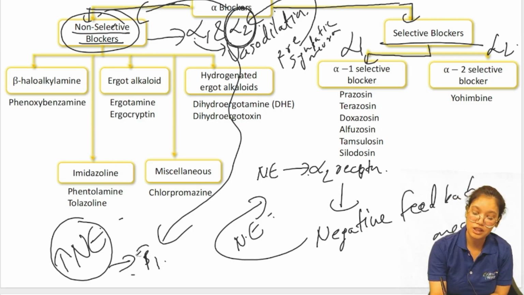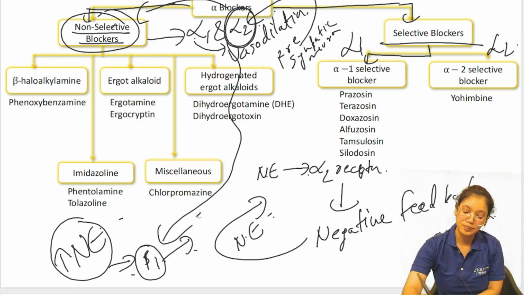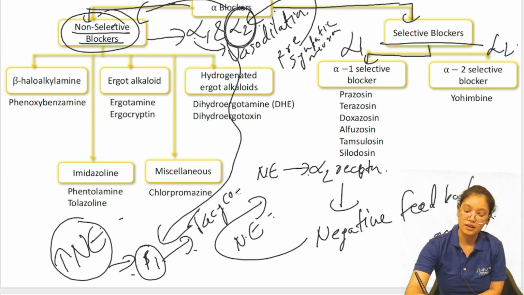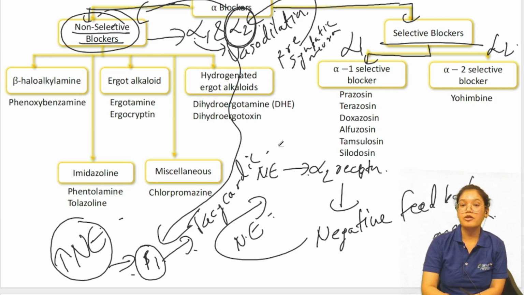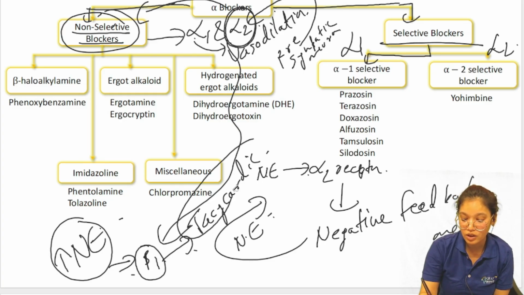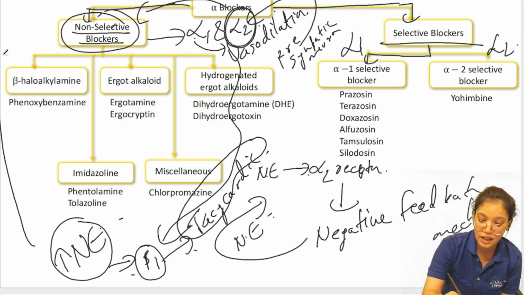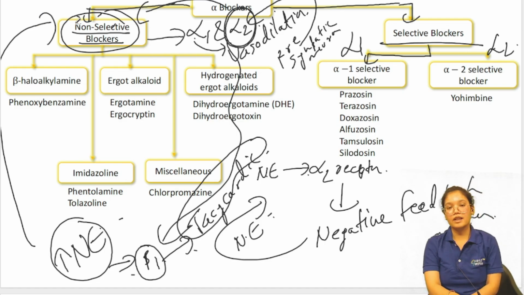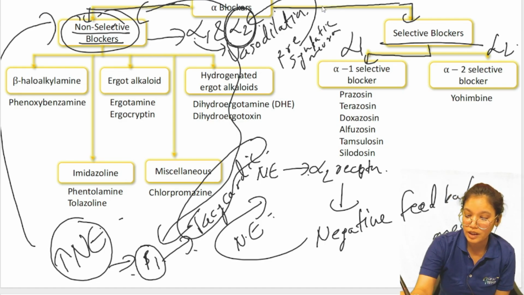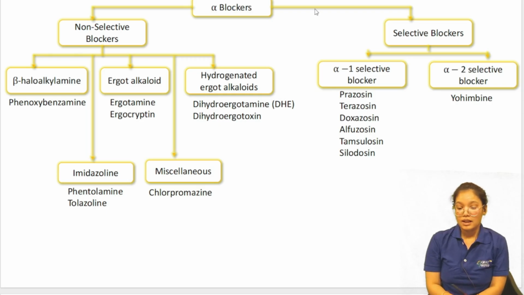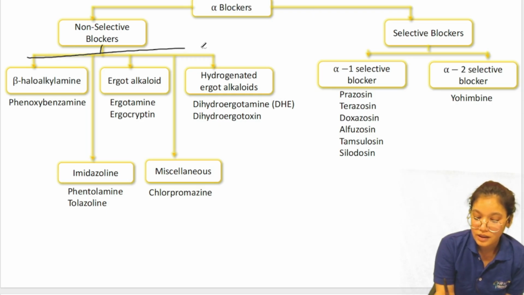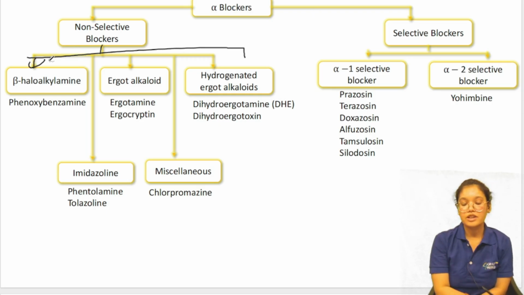This beta 1 receptor stimulation will result in tachycardia and various other cardiac related problems. So tachycardia and other cardiac related problems are the major side effects of these non-selective blockers.